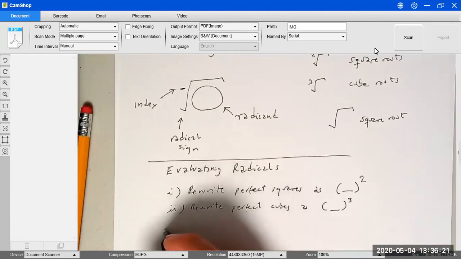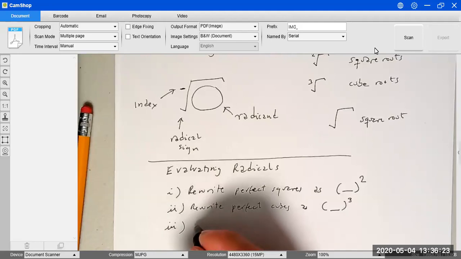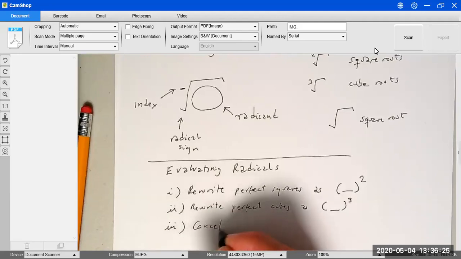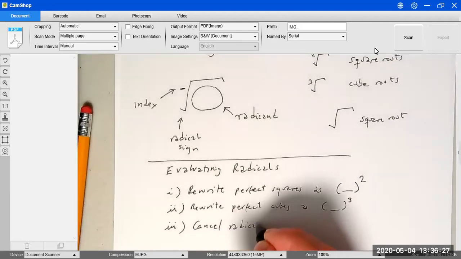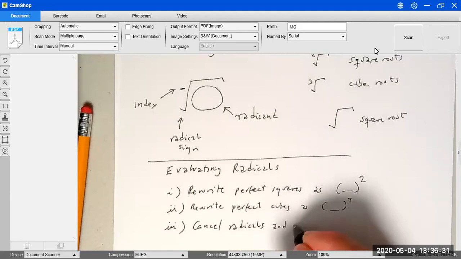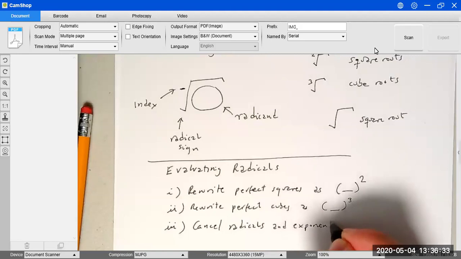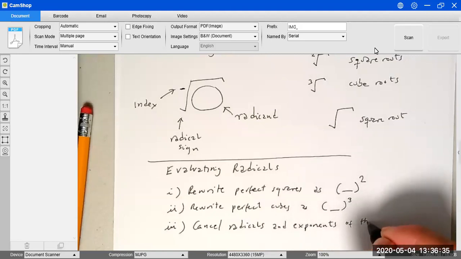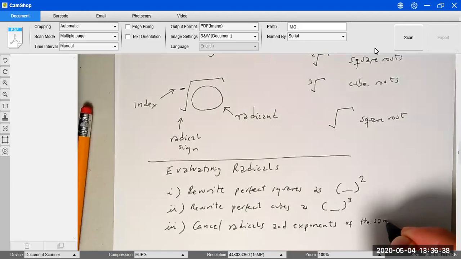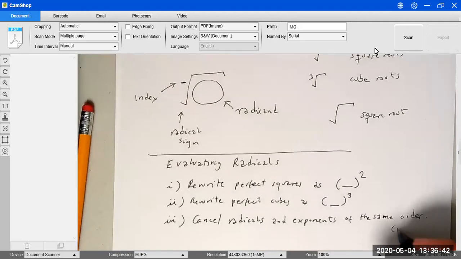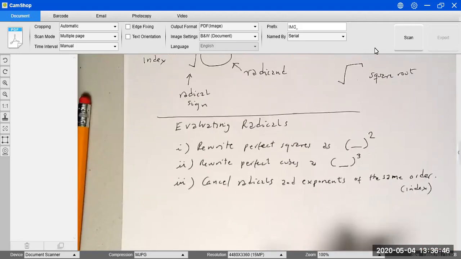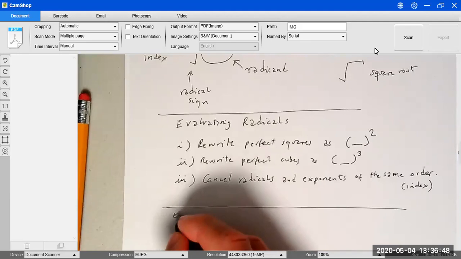Then the next thing is that you're going to cancel radicals and exponents of the same order or index.